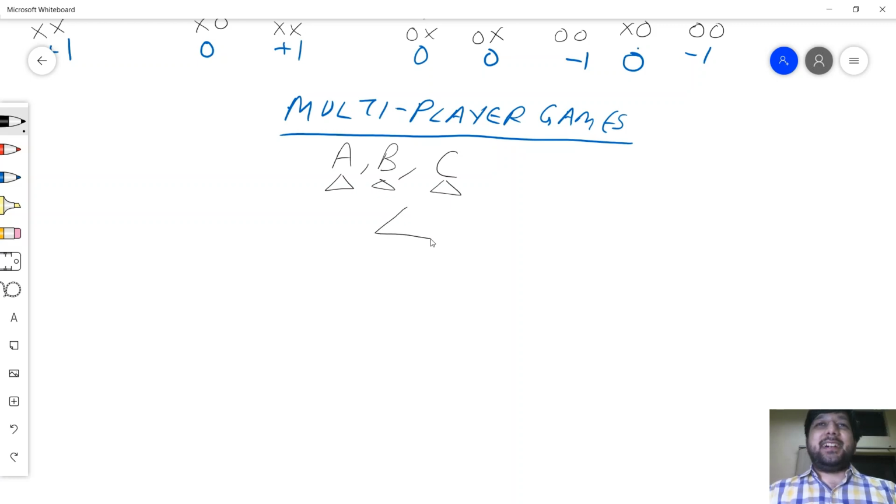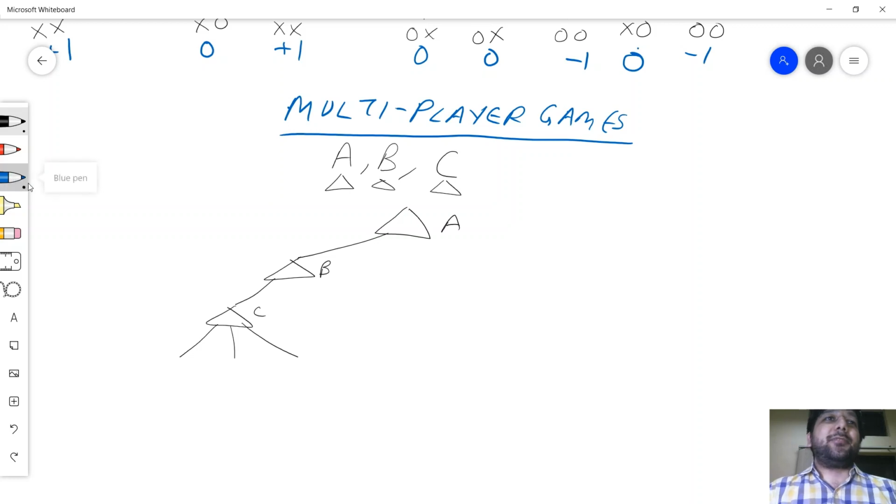So let's play a synthetic game. First A plays, then B plays, then C plays, then you get a cutoff.